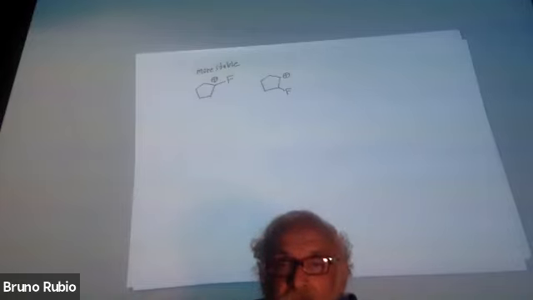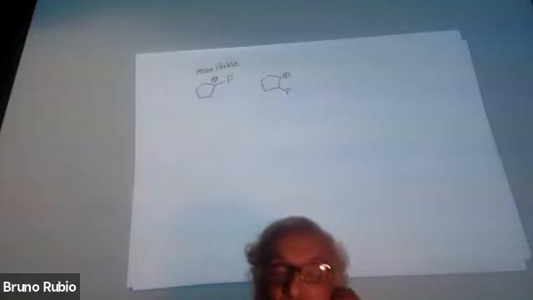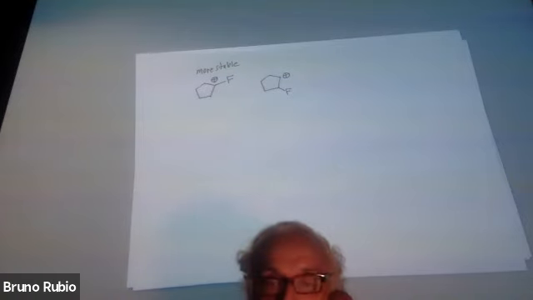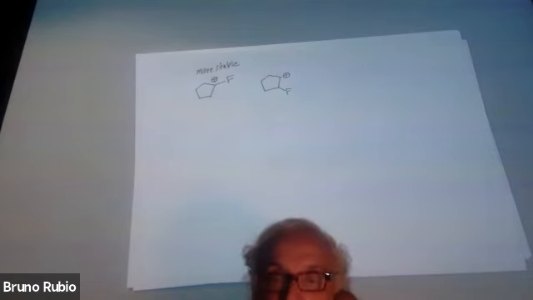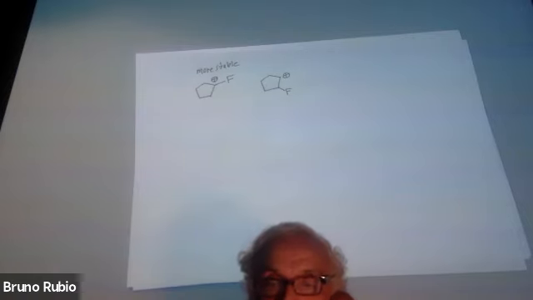Well, now why is that? Can somebody tell me in the chat? Why is this one more stable? I just talked about how if you put an electron withdrawing atom close to the carbocation, that's going to destabilize it. Here I've put the electron withdrawing fluorine as close as possible to the carbocation, yet it's more stable. Why is that? Anybody have a guess? Oh, resonance, exactly.